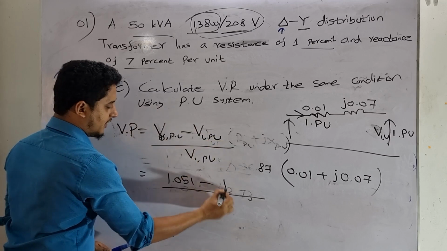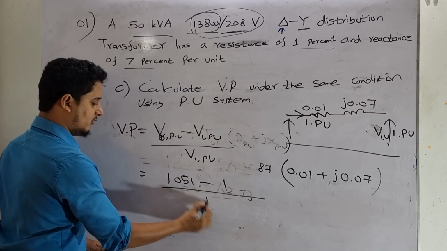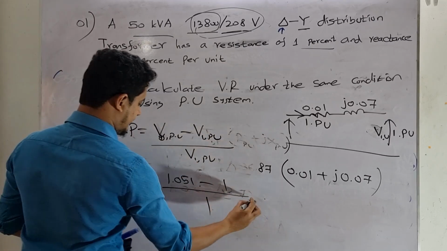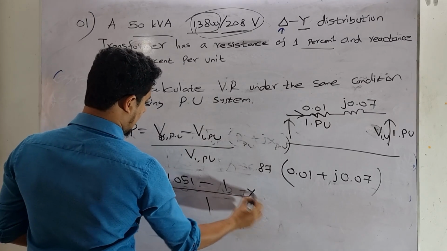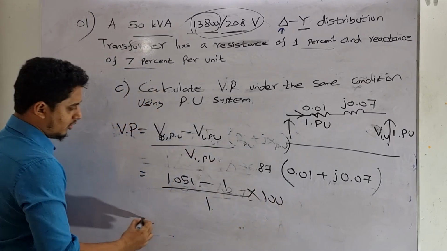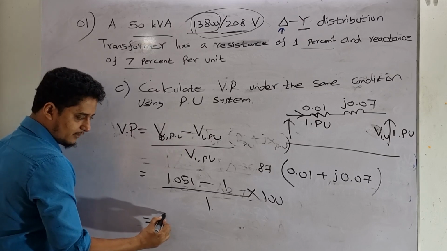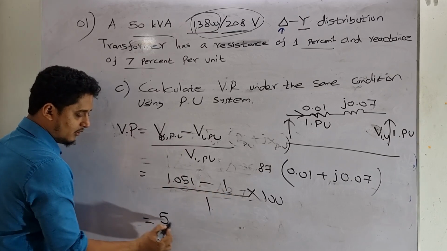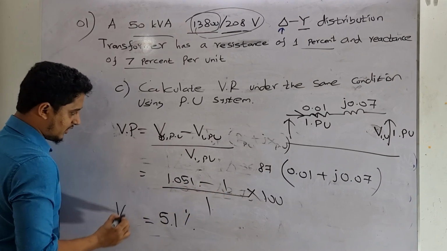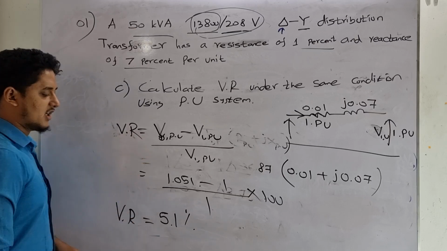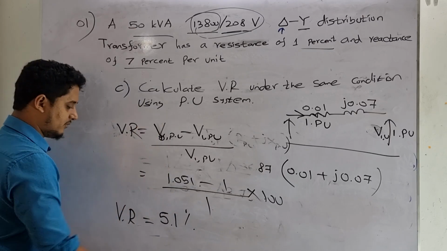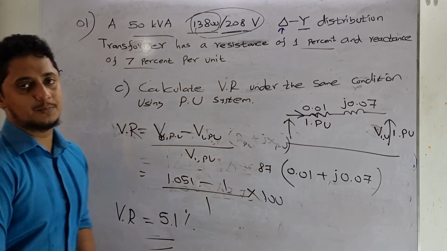So here 1.051 minus 1 per unit, divided by 1, multiplied by 100. So what would be the value for voltage regulation? This would be 5.1%. So the voltage regulation of this transformer using a per unit system is equal to 5.1%.